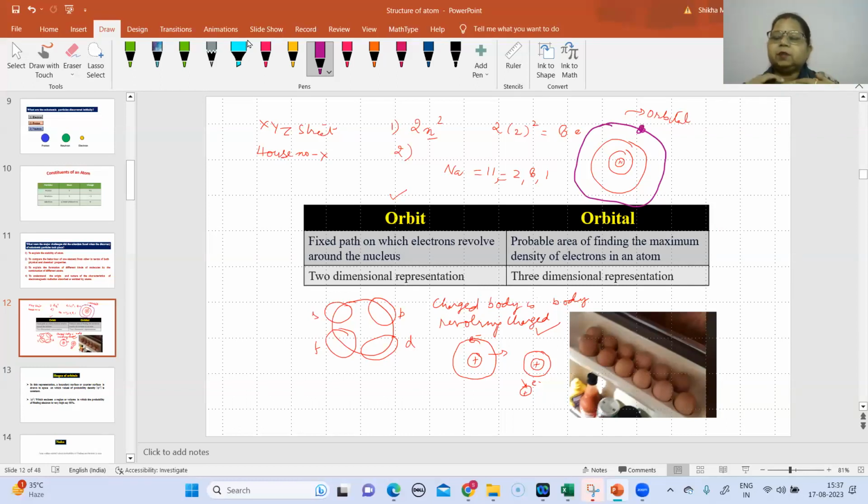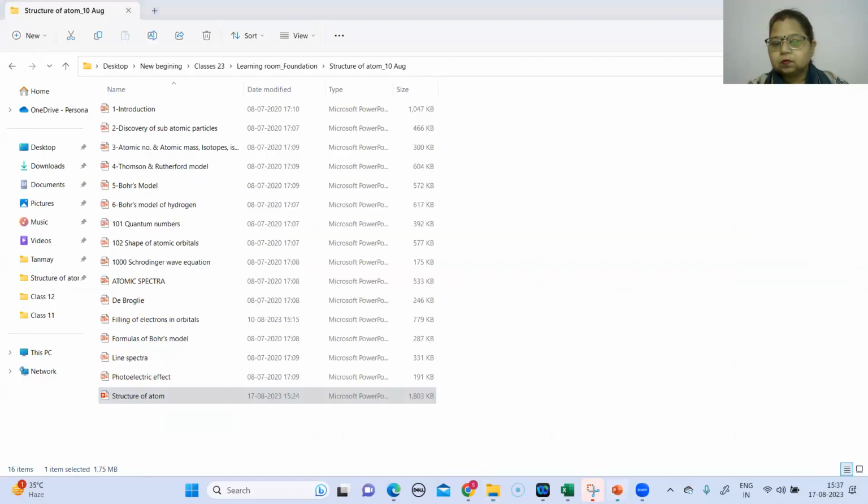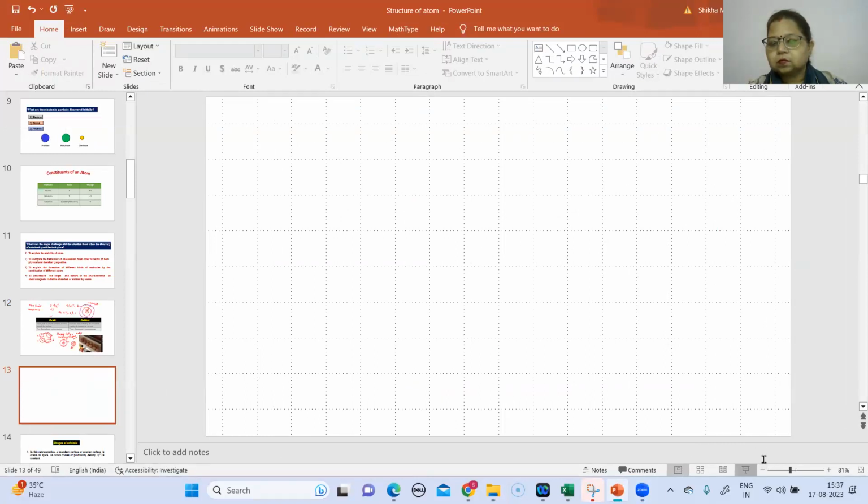So now if somebody asks me to draw an orbit and orbital within an atom, what do we have to do? We will be drawing the orbit like this, elliptical as much as possible. Let's assume this is our fourth orbit.